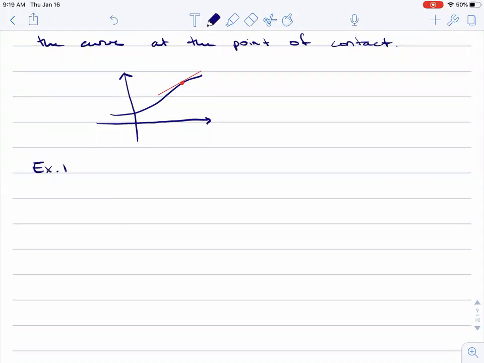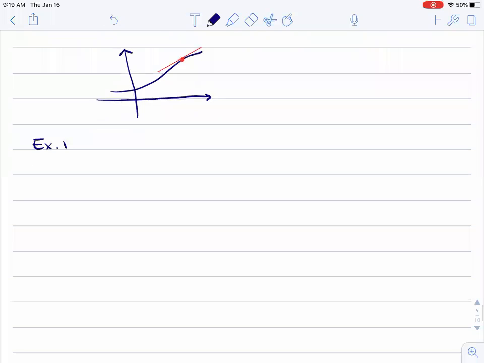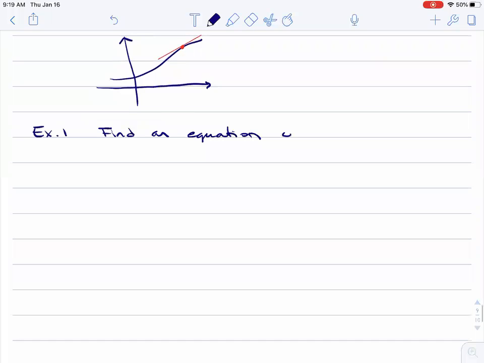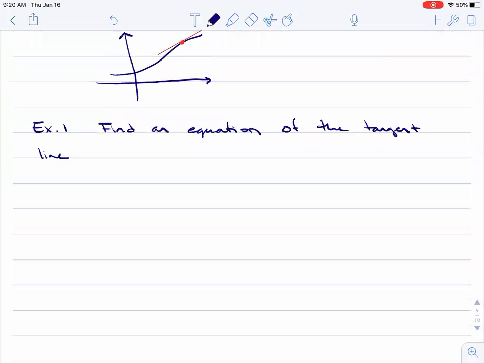Example 1 that we're going to work through together is just, okay, well, find an equation of the tangent line to the parabola, right?